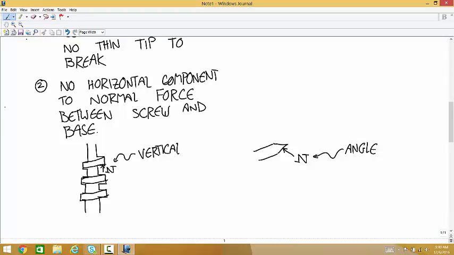And so the bigger the force is that you apply to a standard thread, the more that standard thread is applying loads to the base that's trying to explode it apart. So this causes an outward force on the base that can break it. That doesn't happen with a square threaded screw.